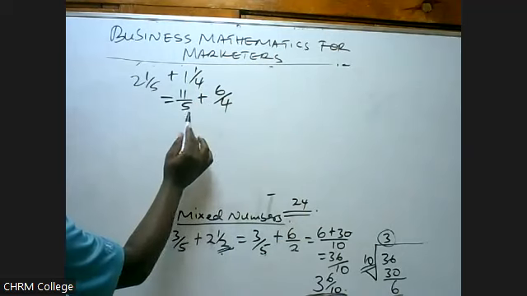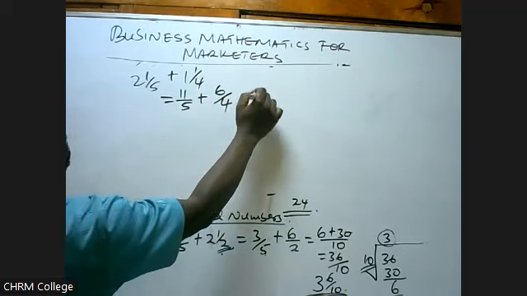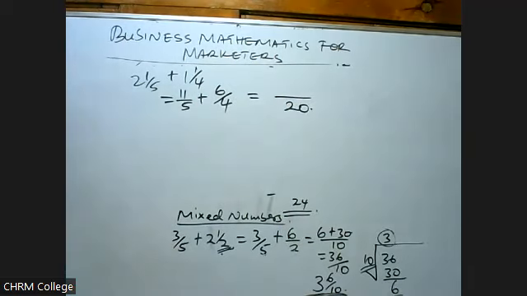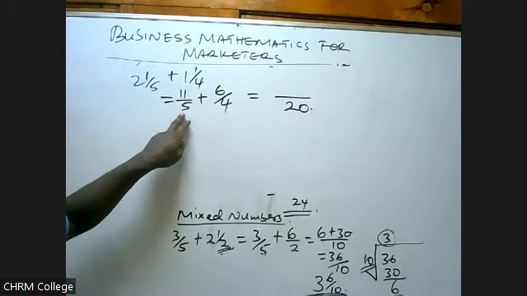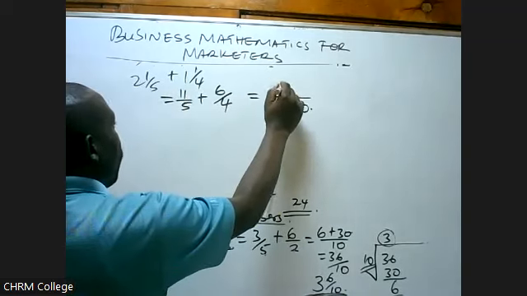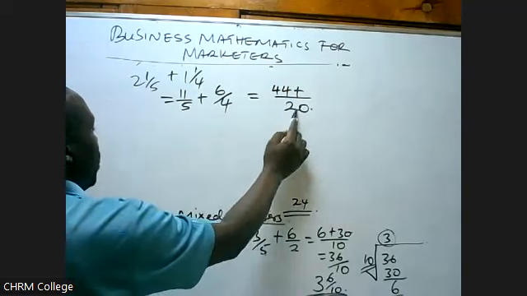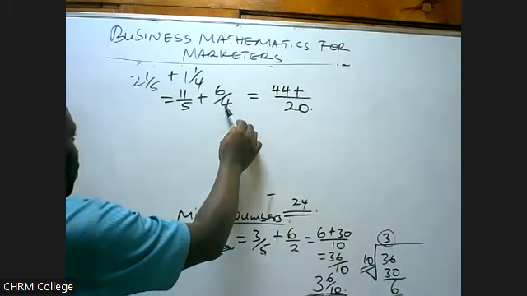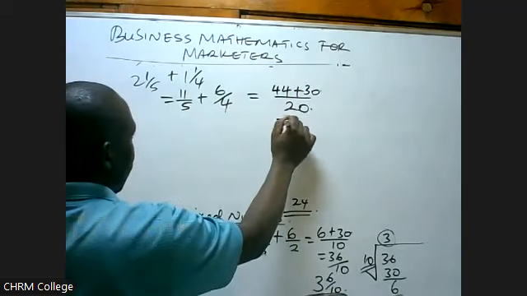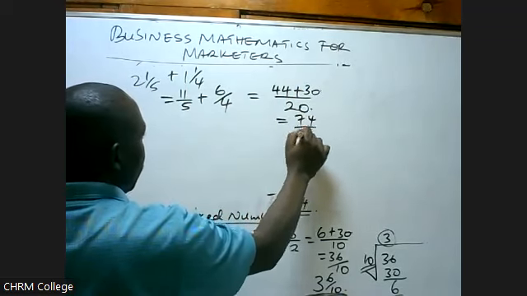Then you get the LCM of 5 and 4, which is equal to 20. Then you get 20 divided by 5, 4. 4 times 11, 44. Plus 20 divided by 4, 5. 5 times 5, but this is going to be 74 over 20.